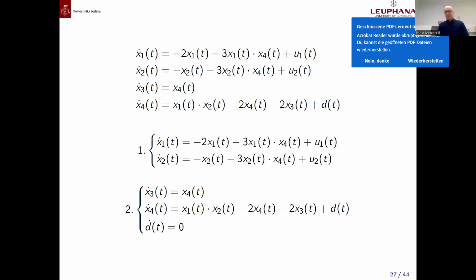Do you remember last time? I mean, with the same augmentation, better to say. What I intend, if I consider the observability of this system plus d derivative equals 0, I have some condition, which at the end must be the same if I consider this condition here and this condition here. Basically, we have 5 equations in both cases. Do you remember last time I told you, apparently, it seems that we have different conditions, but basically they are the same. I clarified this point.